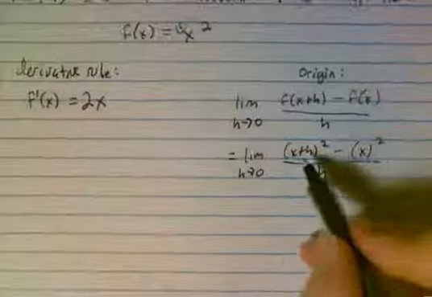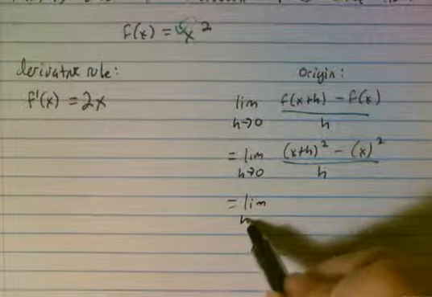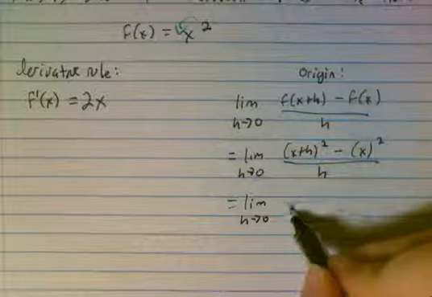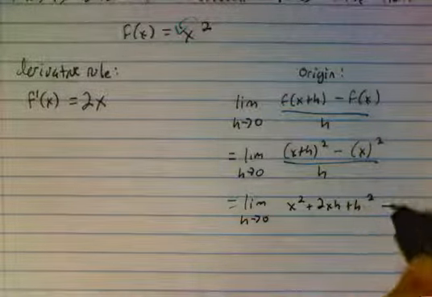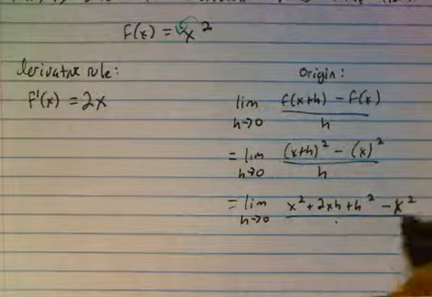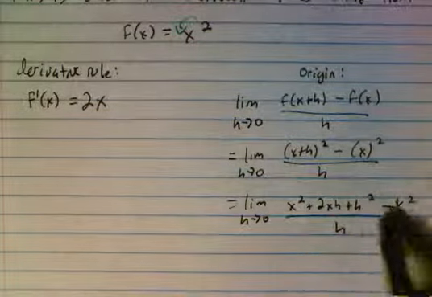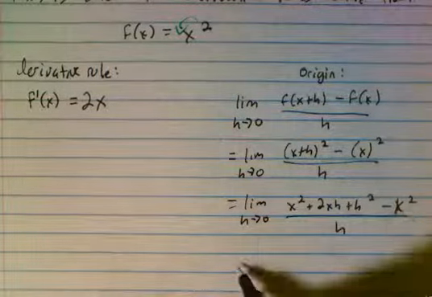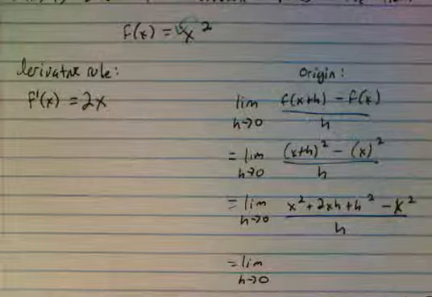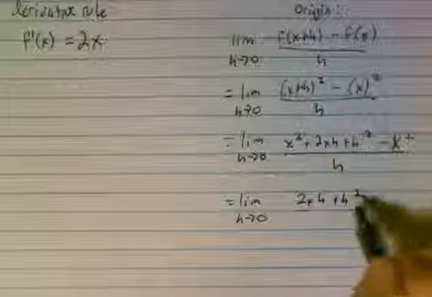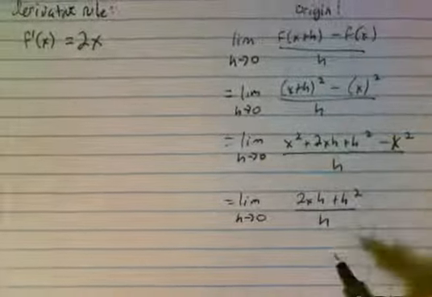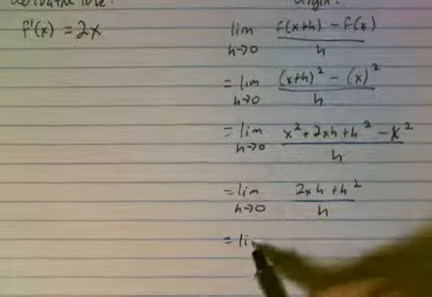And we can expand this out. x squared minus x squared is just 0. Now we can factor out an h.